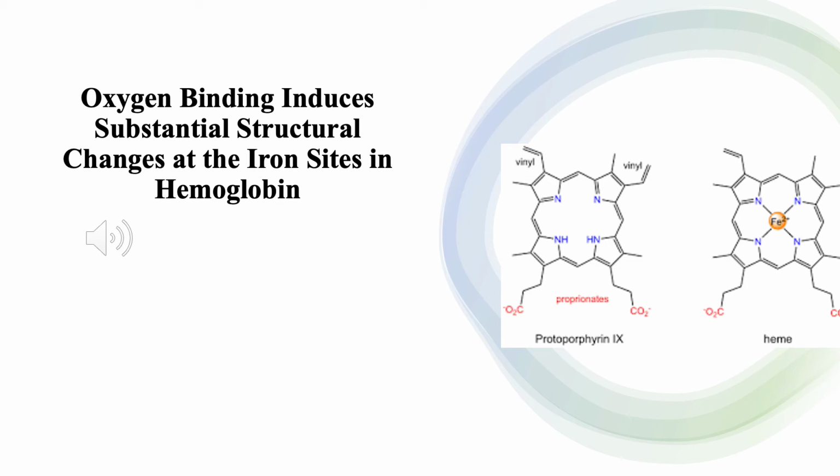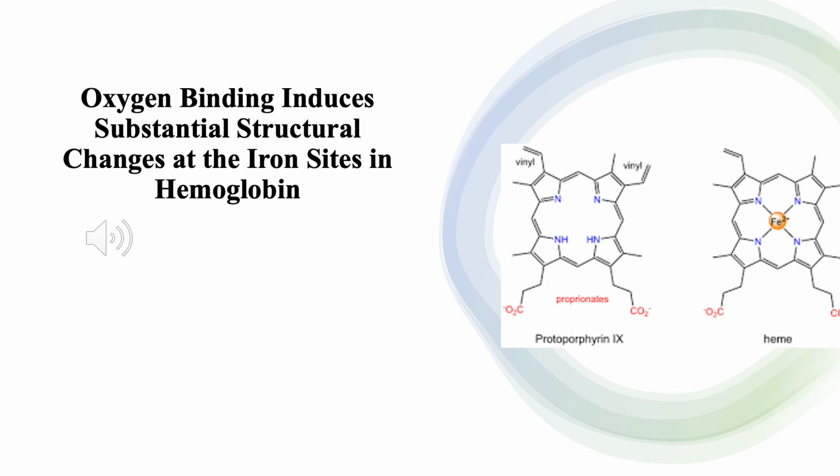This change in electronic structure and magnetic properties of hemoglobin is the basis for functional magnetic resonance imaging. On oxygen binding, there are substantial changes in quaternary structure that correspond to the T to R state transition. In the lungs, oxygen binds to heme, and in capillaries, oxygen dissociates from heme and mixes in the blood.